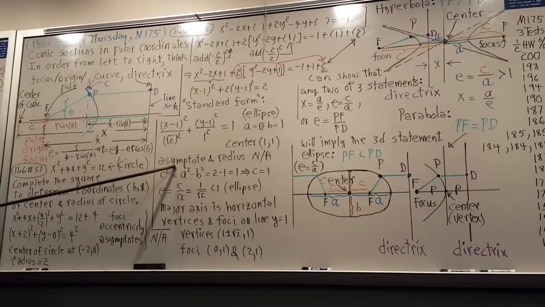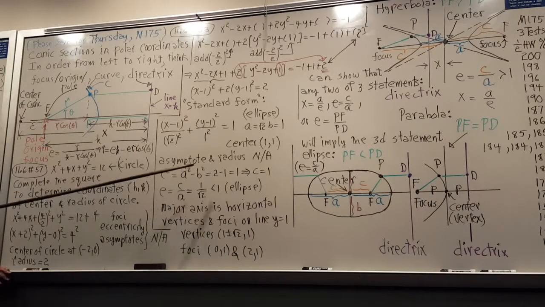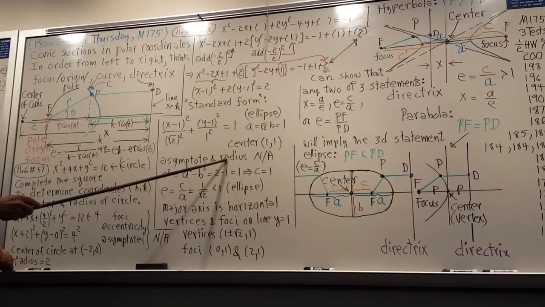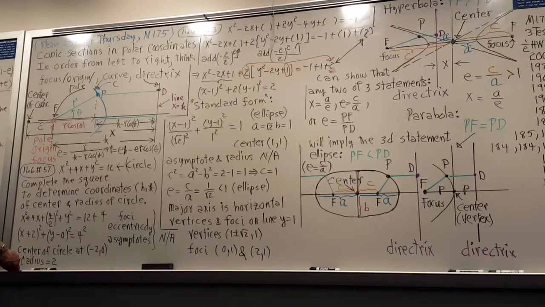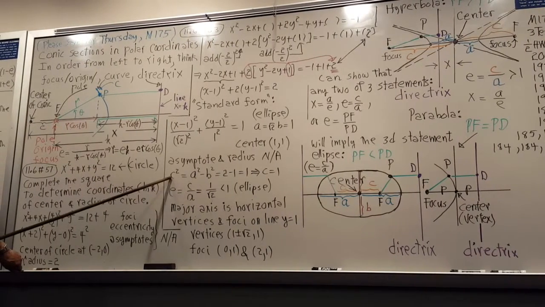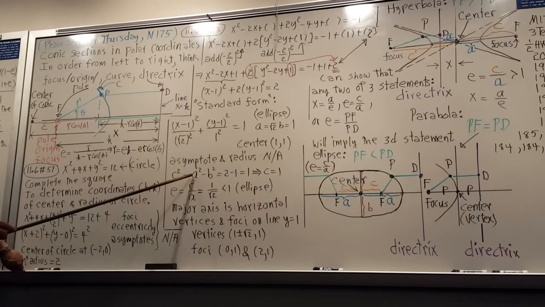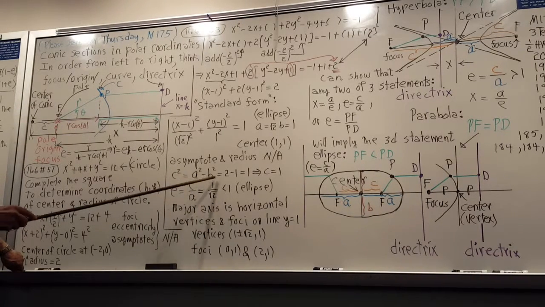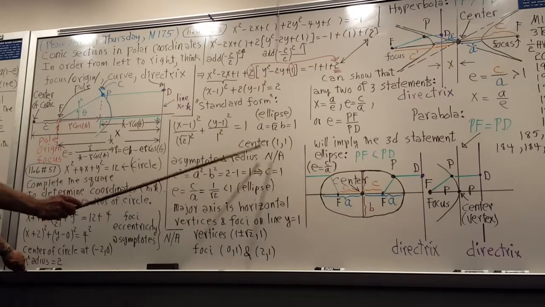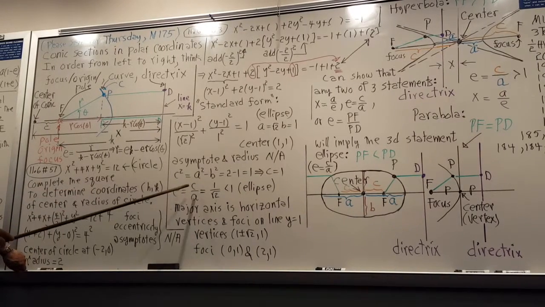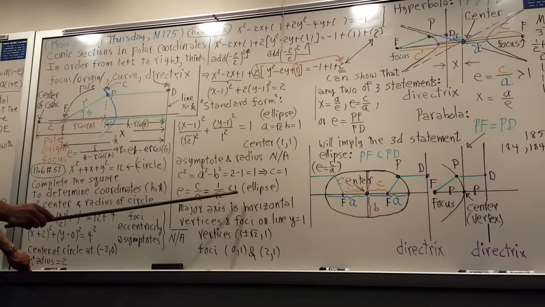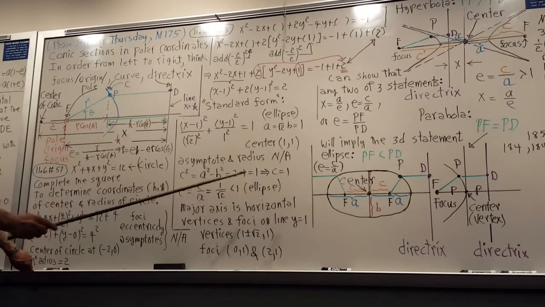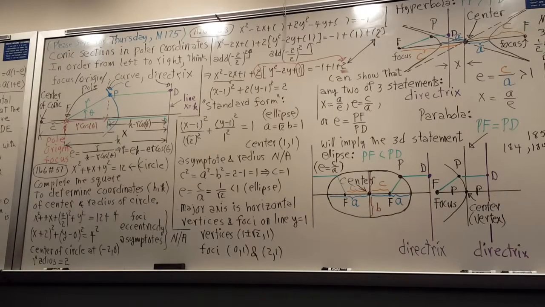You don't have asymptotes, and if it's an ellipse, you don't have a radius. The radius went back here with the circle. But you do have a c for the ellipse at a squared minus b squared, so c is 1. The eccentricity is c over a, so it's 1 over root 2, which is less than 1, which is ellipse, you remember.